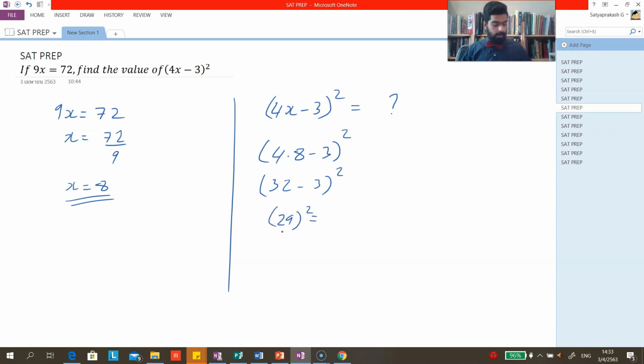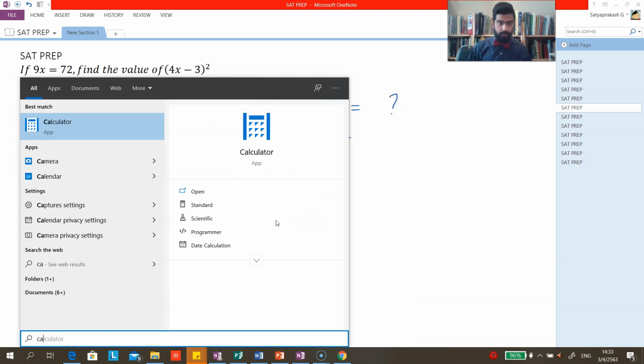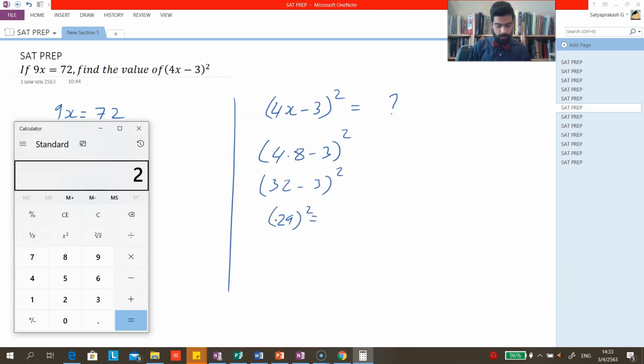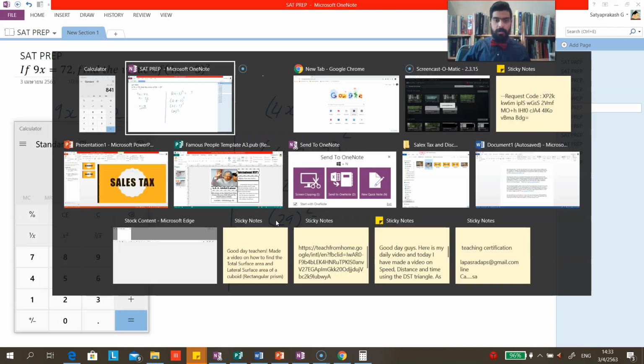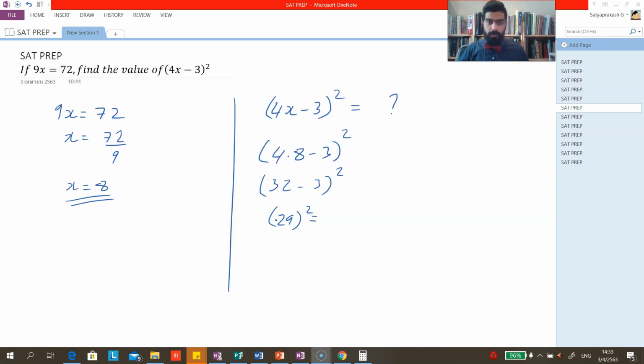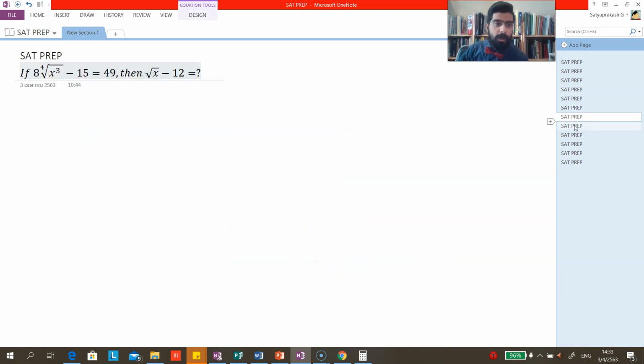And if we use the calculator to be certain, 29 times 29 is equal to 841. Therefore, 4x minus 3 whole square is equal to 841 from the question. Alright guys, let's go to the next one now.